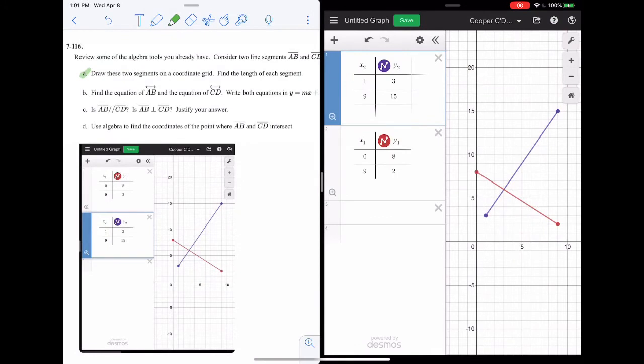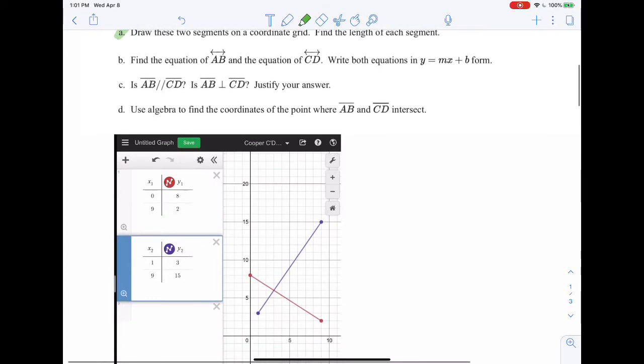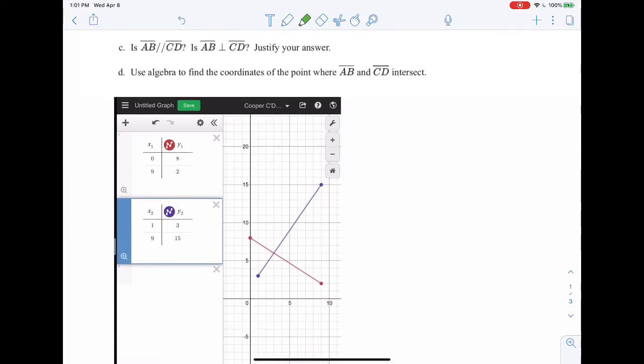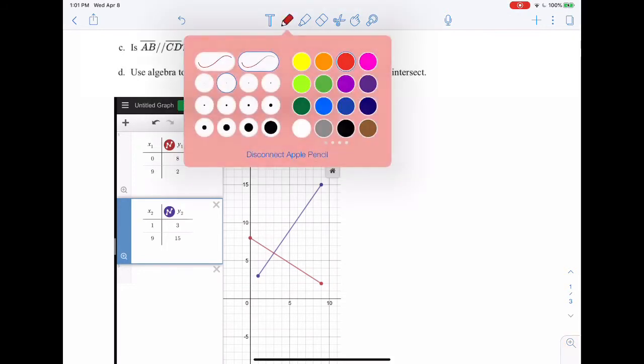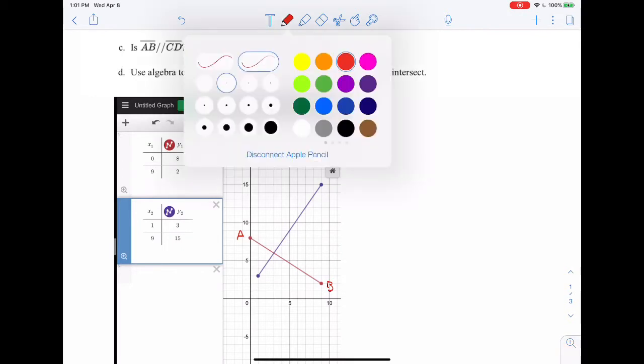As you can see, I took a screenshot of the Desmos window and I copied it over to Notability where I can write on it. That's going to help us as we complete letter A where they say find the length of each segment. So here I have segment AB and segment CD.